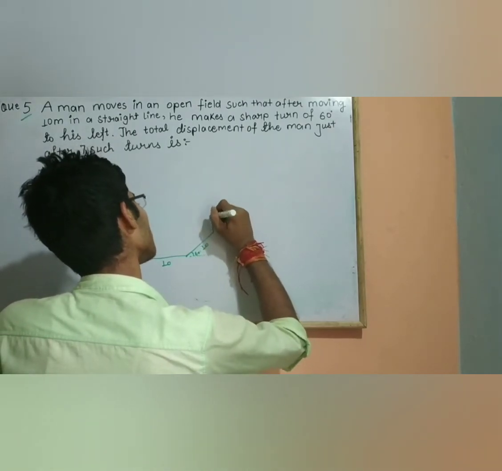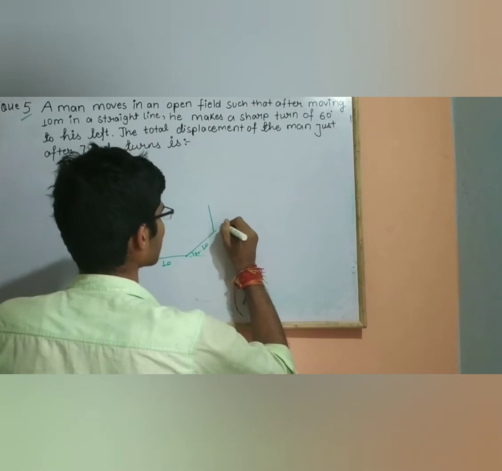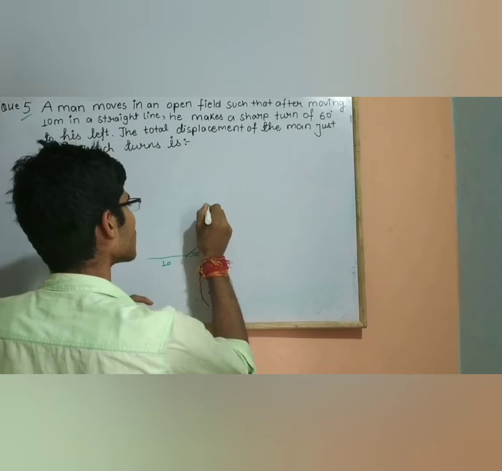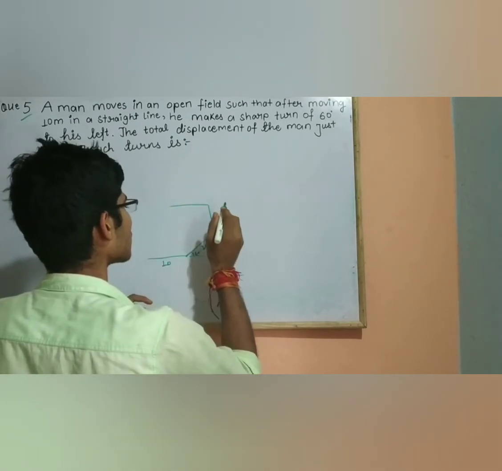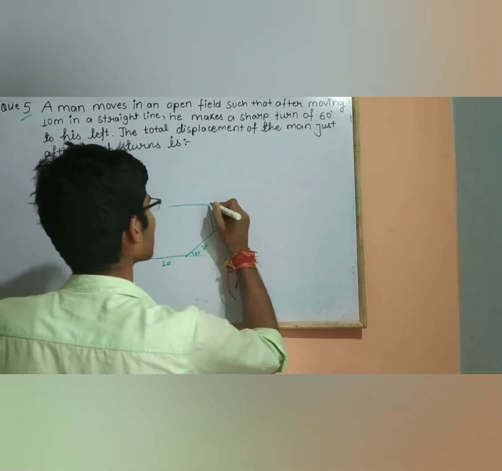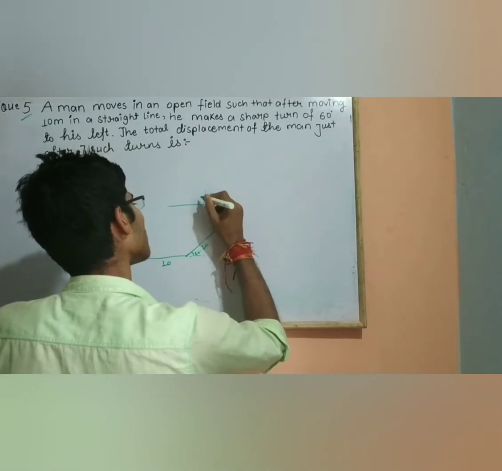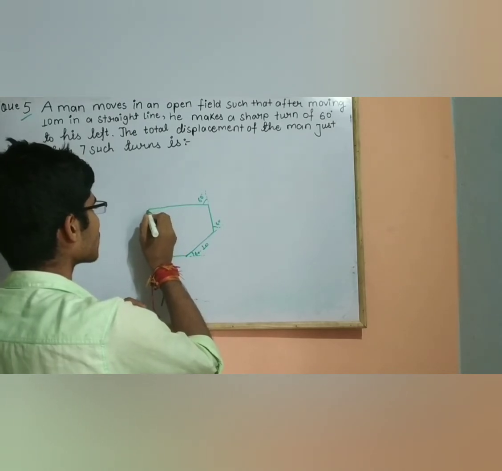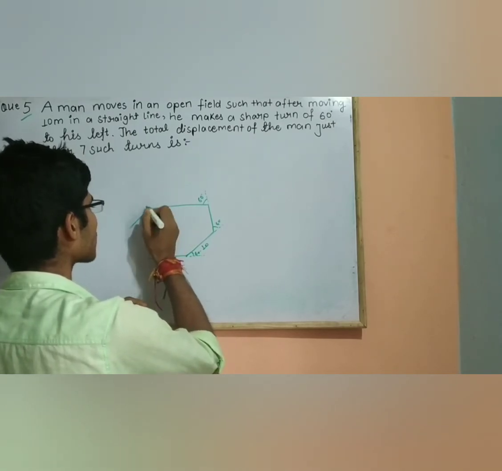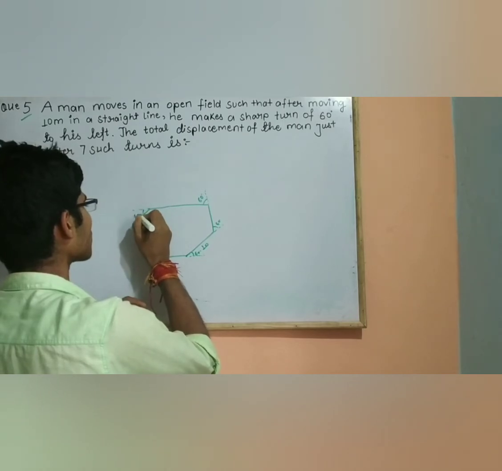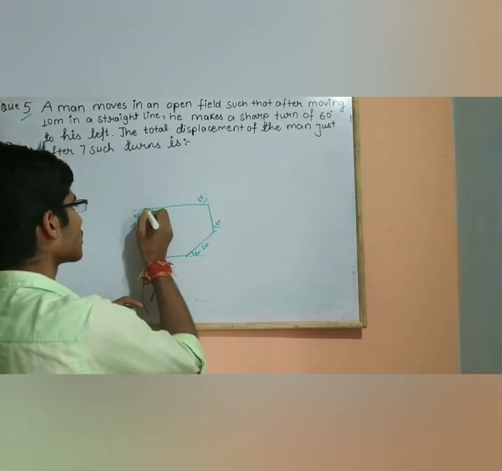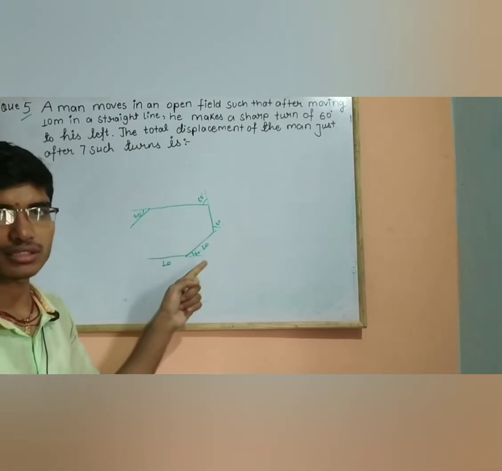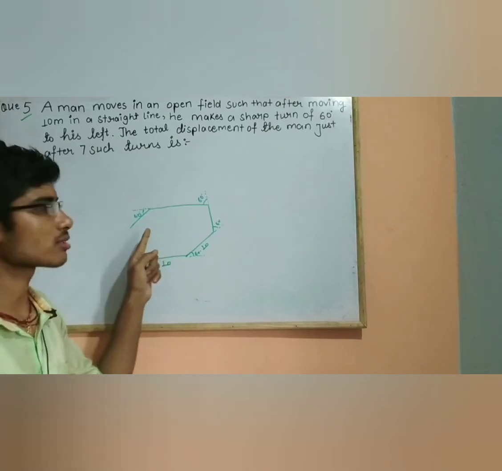Then again he takes a sharp turn of 60 degrees. Then again a sharp turn of 60 degrees. Then again he takes a sharp turn of 60 degrees. Here the dotted line represents the initial path where he takes turns.